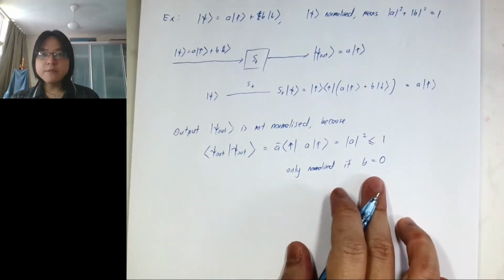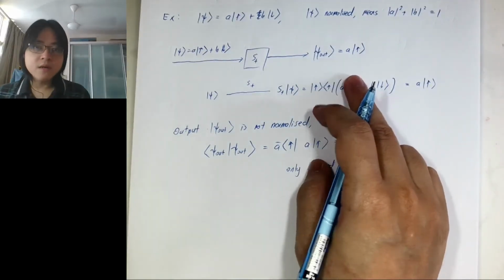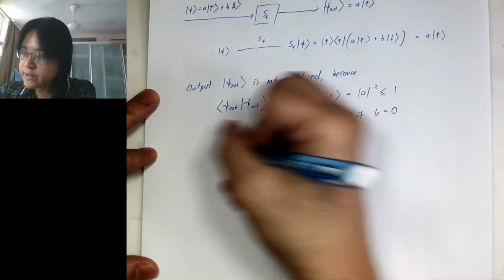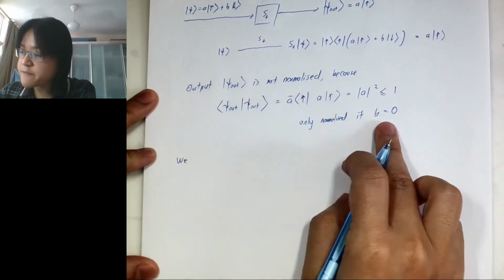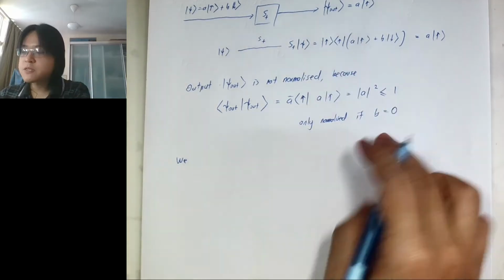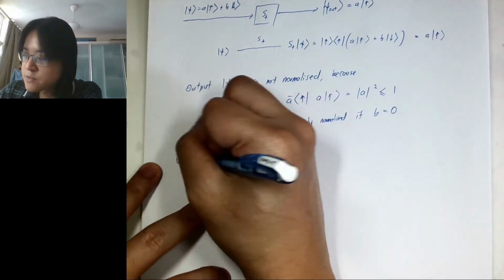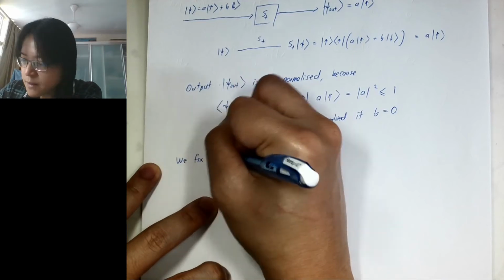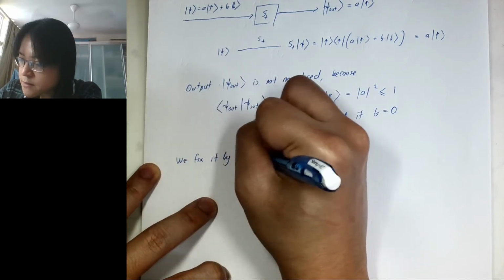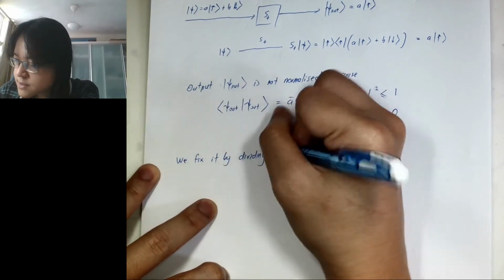Generally speaking, the output is not normalized, so we need to fix the normalization. We fix it by dividing by the norm to make sure it's equal to 1. So we fix it by dividing the state by its norm.